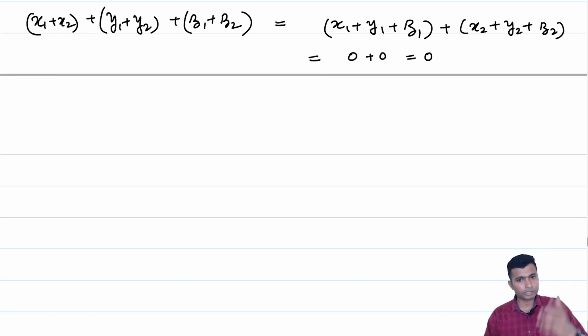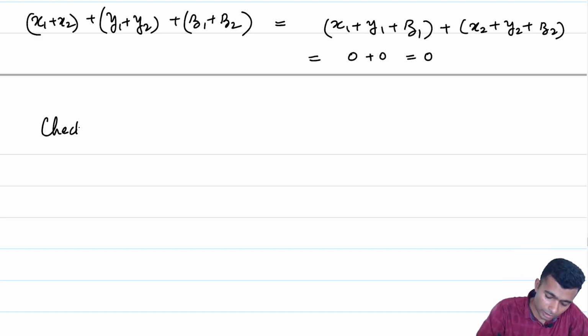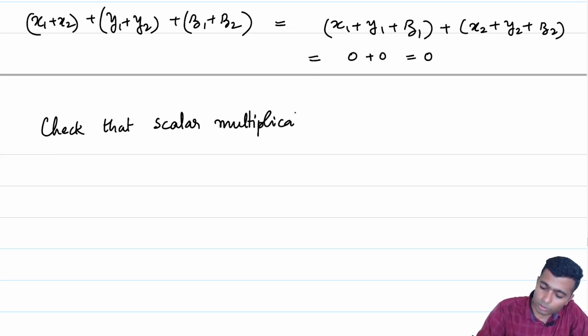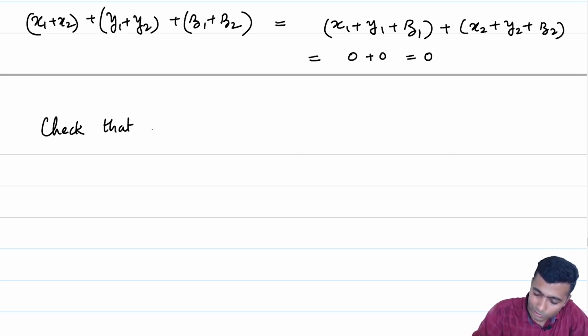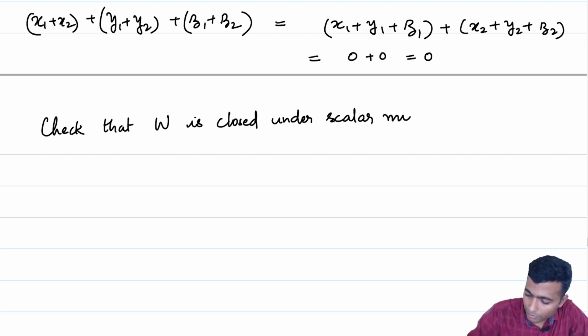It is quite similar to show that scalar multiplication is also closed. Check that, I do not even want to call it an exercise, check that W is closed under scalar multiplication. So it is important to write it down precisely.